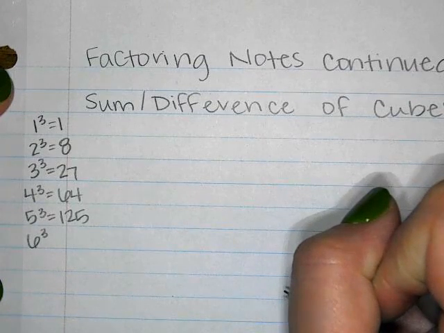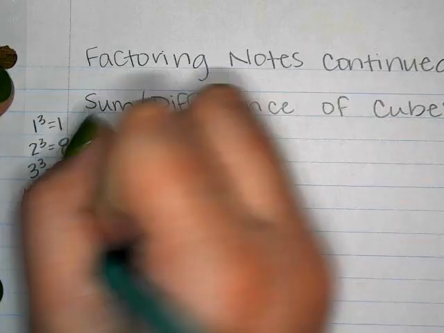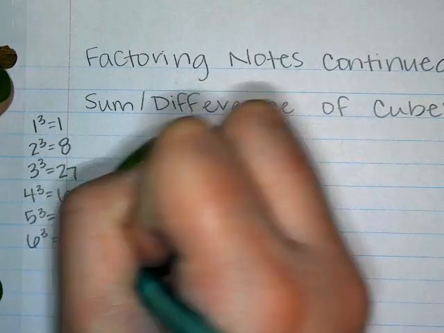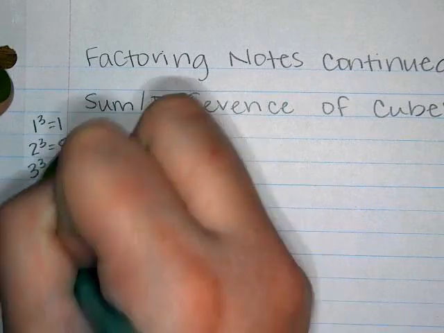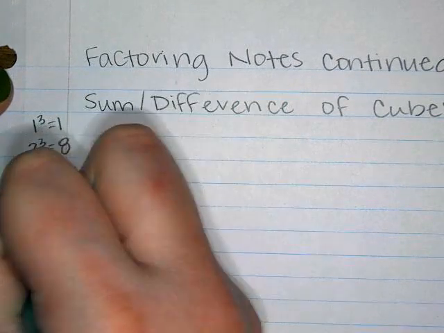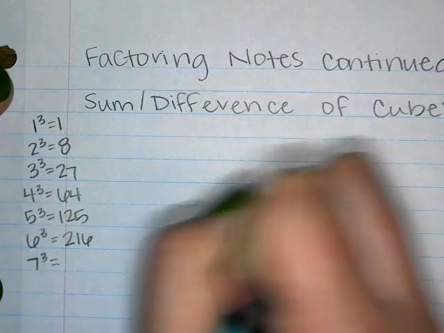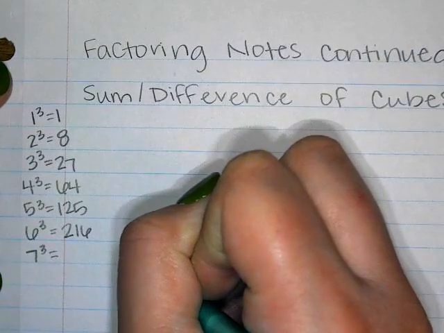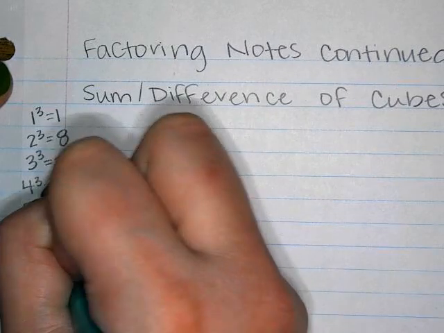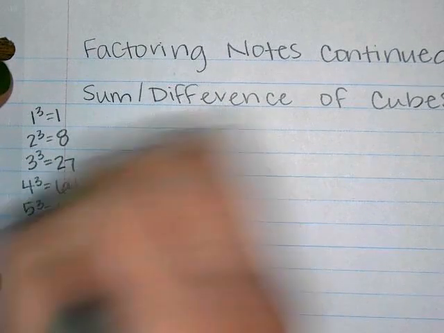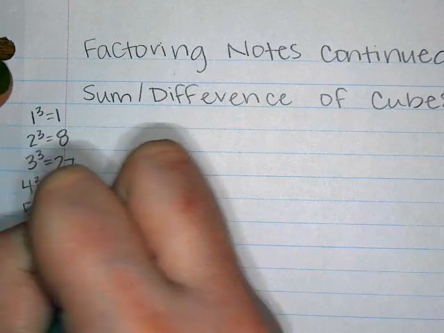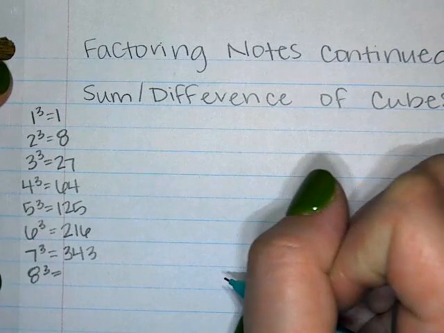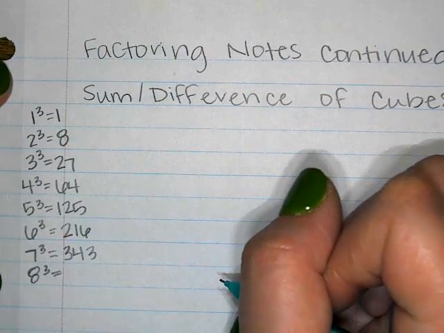It's 200 something. 216. 7 to the third, 343. And 8 to the third, we probably won't get that high. 512? Okay.